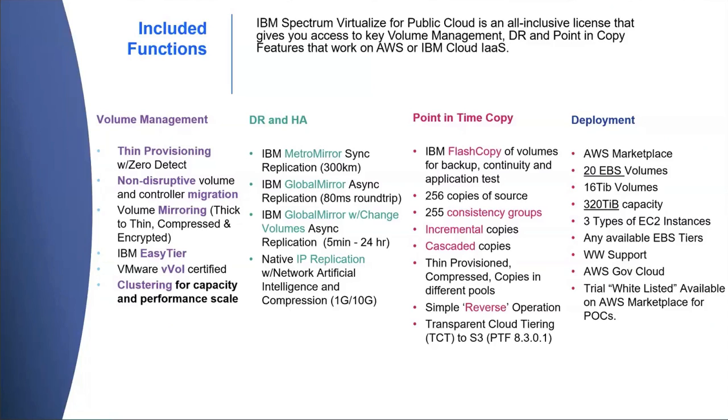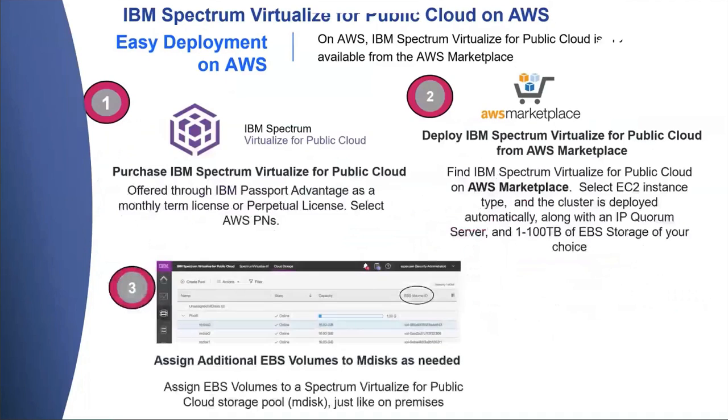Okay, so let's go to the next slide, just to talk about how this gets launched. You purchase the license from IBM. It can be purchased through Passport Advantage or with the hardware through eConfig. Once the license is available to you, you simply go onto AWS Marketplace and look for Spectrum Virtualize for Public Cloud.